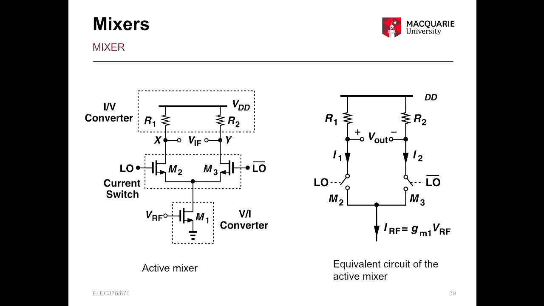How is that the same as VG minus VS when you give RF and LO at two different inputs? In this case, VRF and VLO were going into VG only. Yeah, so what we need is VGS. So you give one in VG and the other in VS. When you look at VGS, it is this minus this, which is the same as giving both on one side.